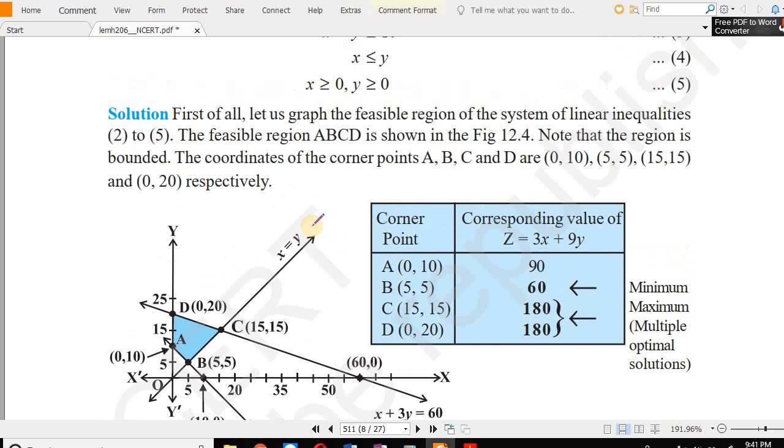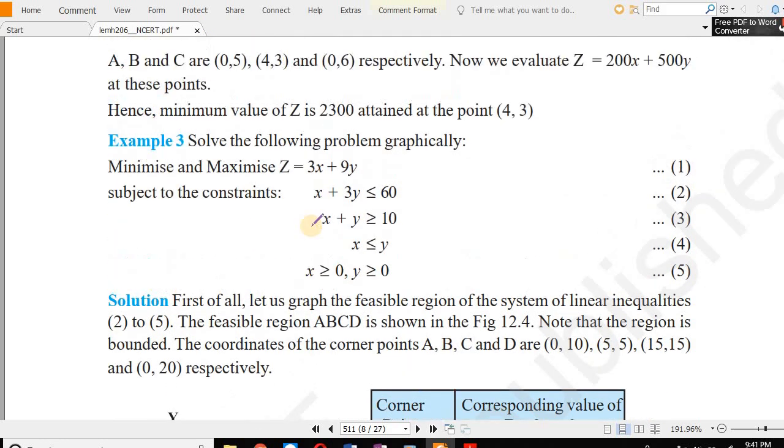Well, let's look at this problem again. Here we have z equals 3x plus 9y. Okay, so 3x plus 9y, I could write that also as 3 times x plus 3y.